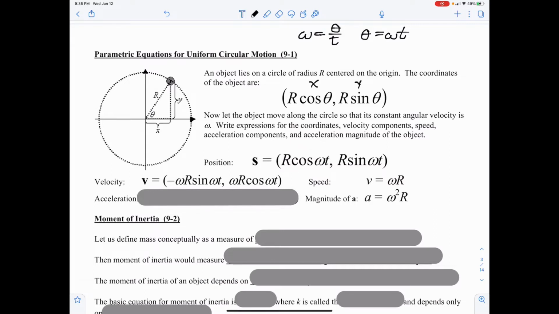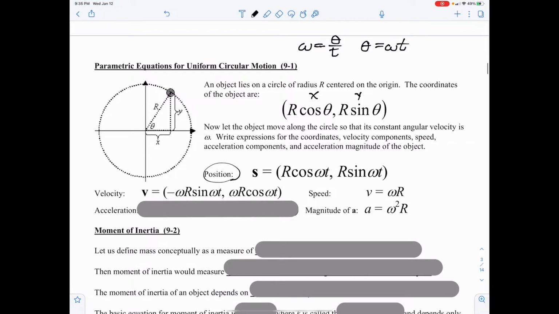So the derivative of position is velocity. Now, how do we derive r cosine omega t? Well, the derivative of cosine is negative sine. Using chain rule, hold the outside scalar constant along with it, and it would be r times the derivative of cosine, which is negative sine, so negative r sine omega t.